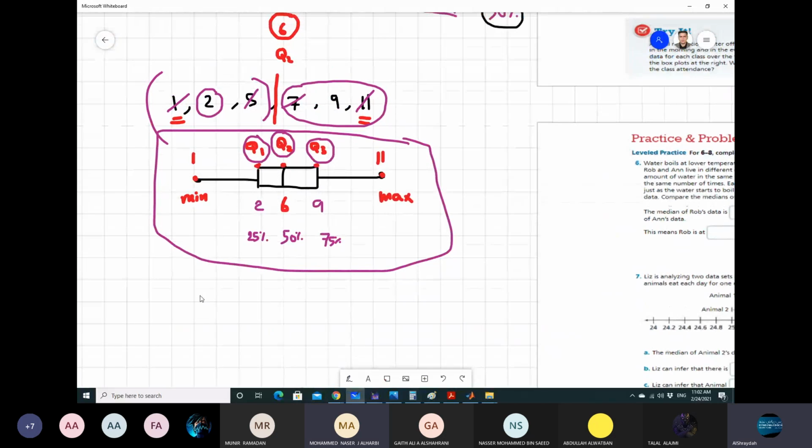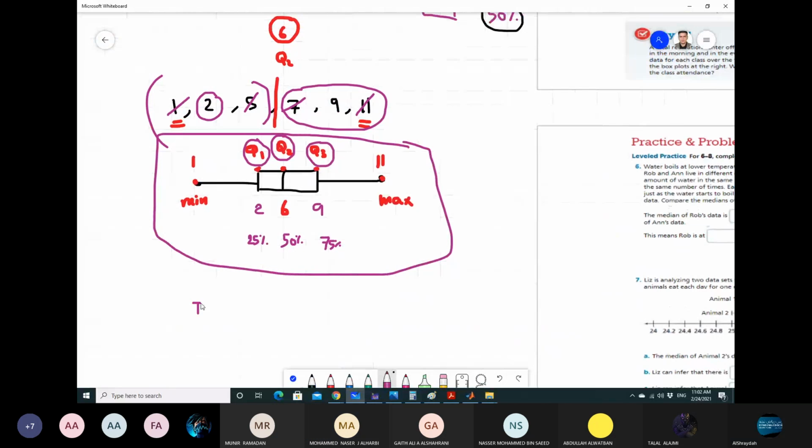How to calculate the IQR? What do you mean by IQR? Interquartile range. It is very easy to calculate. It's Q3 minus Q1. So what is the IQR for these values?